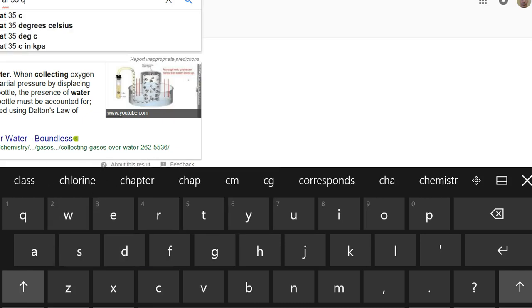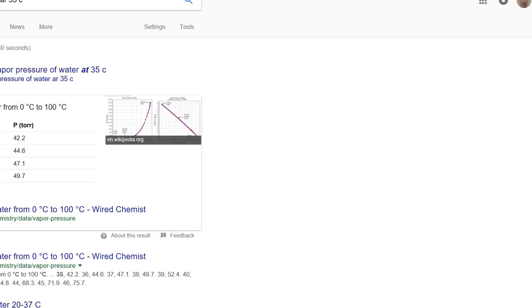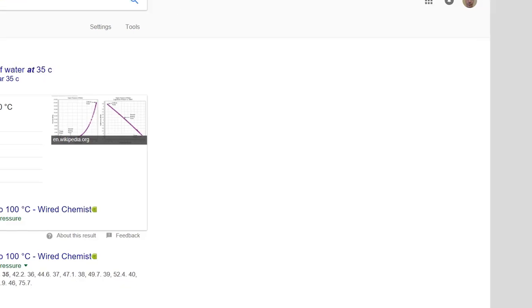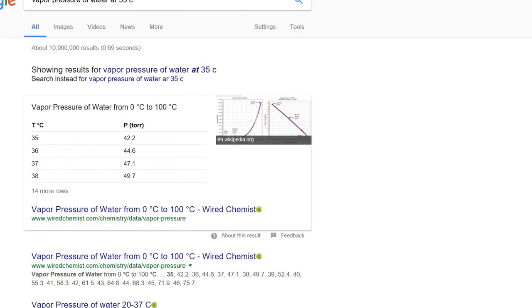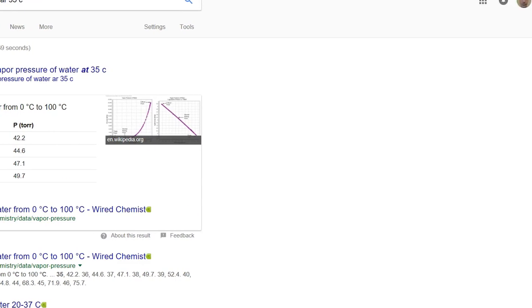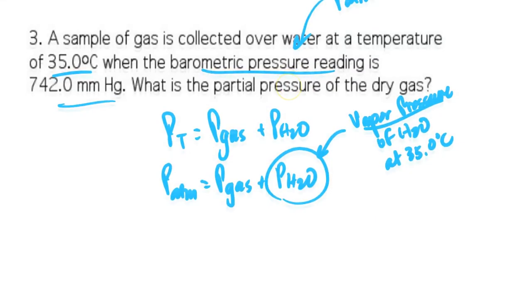Okay. And if you take a look, you'll see that the vapor pressure of water at 35 degrees Celsius is 42.2 torr.